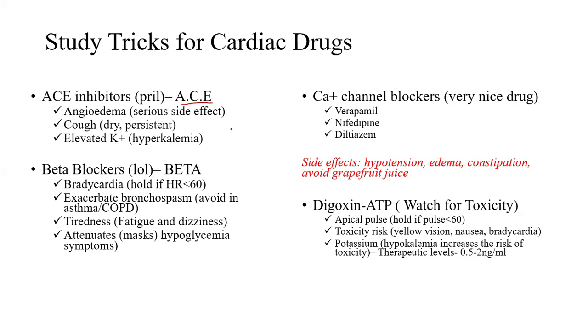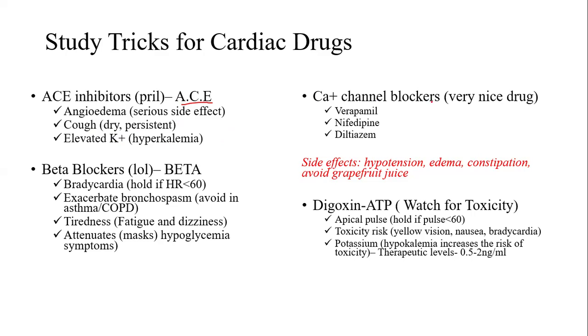In angioedema, there is a collection of fluid under the tongue or in other tissues in the body. You can have a cough, which is dry and persistent. With ACE inhibitors this is normal, but if it is too much, if it's bothering, you need to consult with the physician. And then E for elevated potassium, hyperkalemia, right? So we need to be careful about this.